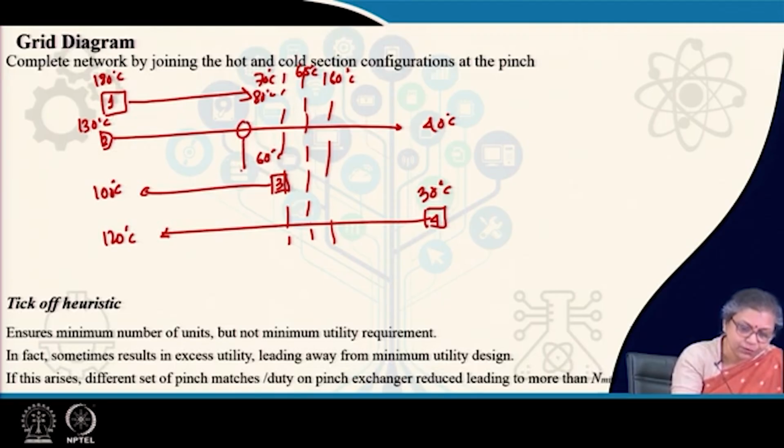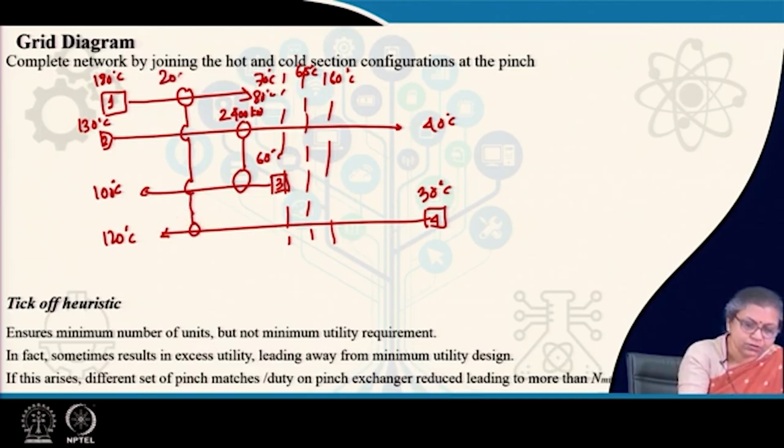There is going to be one particular heat exchanger which is going to take up 2400 kilowatts. There is going to be one particular exchanger here which is going to take up 2000 kilowatts. I have forgotten the numbering. If this is E1, then this is going to be E2, and then there are going to be two heaters here, H1 and H2.